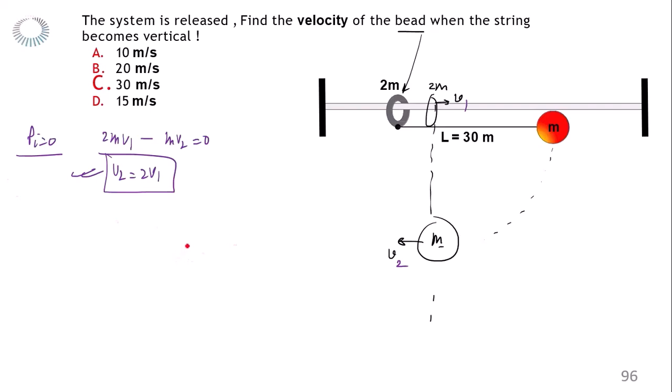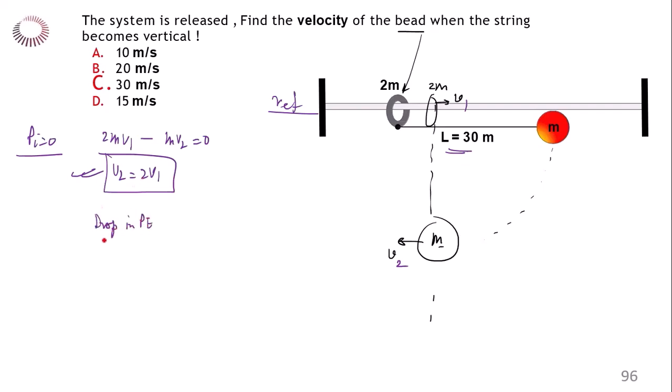Now again you have to apply the energy conservation. So if I take this as our reference line, the small m mass is dropped by h. So what is h? That is 30 meters. So the potential energy is dropped, and that is increasing the kinetic energy.